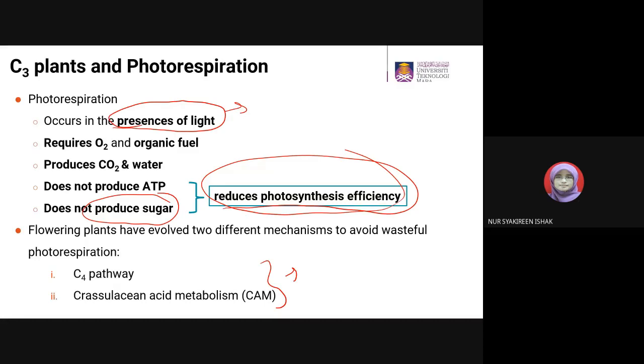Dia nak overcome photorespiration. An adaptation of plants to overcome photorespiration, C4 and also CAM pathway.